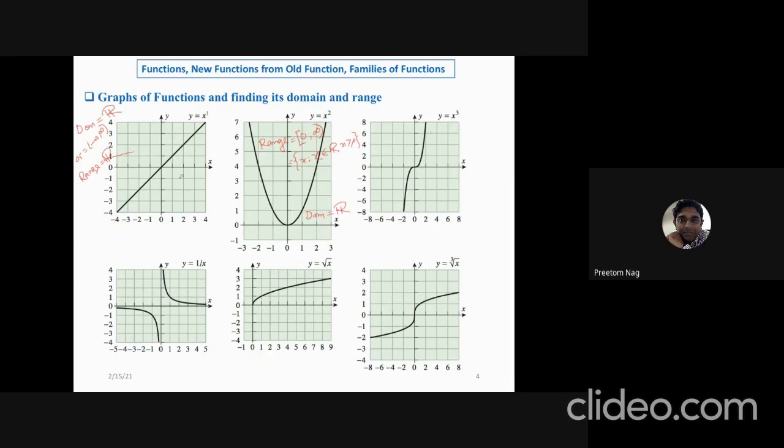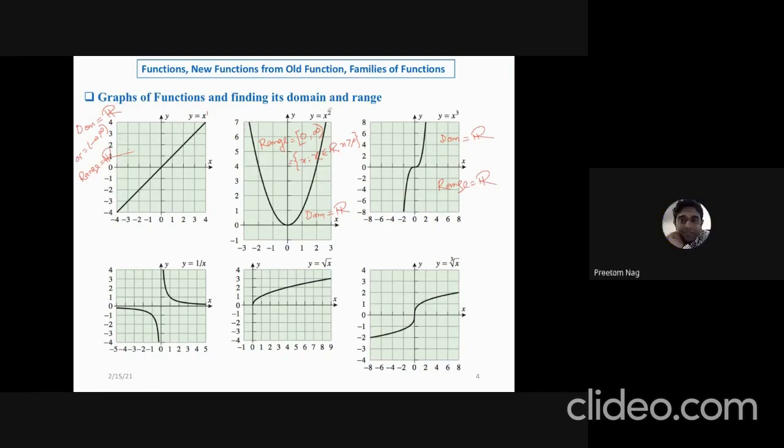Now when you have y equal to x cube, what is the domain? Minus infinity to plus infinity, the set of all real numbers. The range is also minus infinity to plus infinity, the set of all real numbers. The reason I put these functions in the upper panel is, look here: if we have y equal to x, the domain and range are the same set of real numbers.